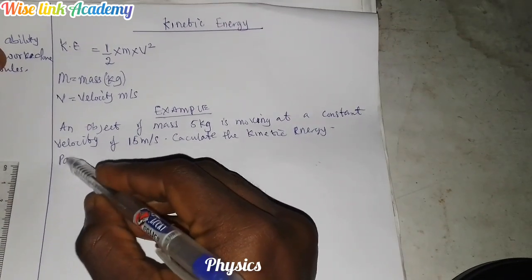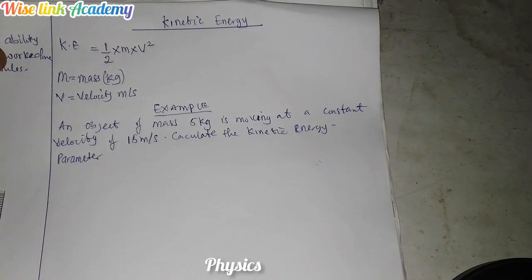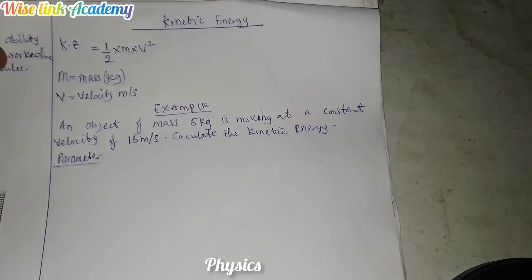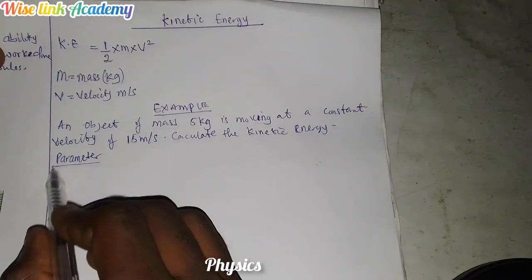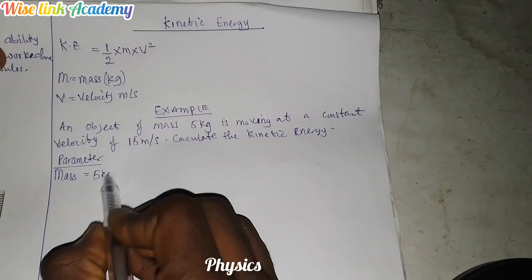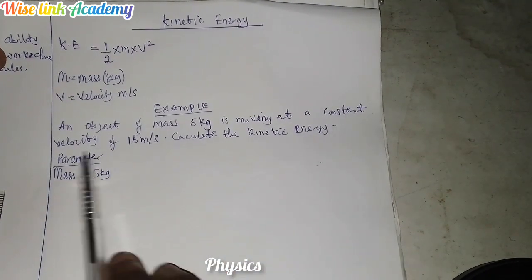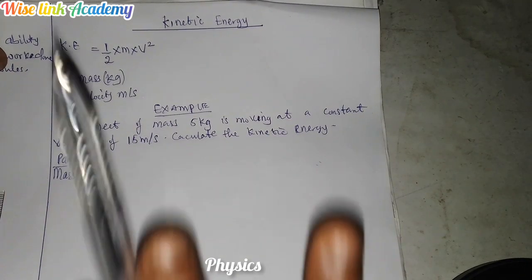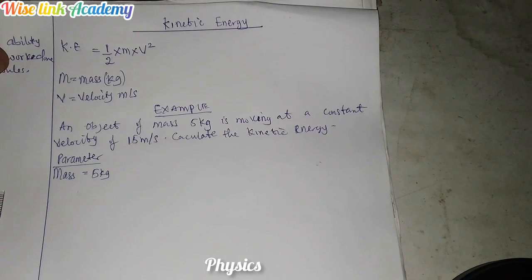Our parameters here will be what? Let's read. An object of mass 5 kg. So we have mass as 5 kg. Okay. It is moving at a constant velocity. You can see it's moving at a constant velocity, so that tells you it's the kinetic energy.